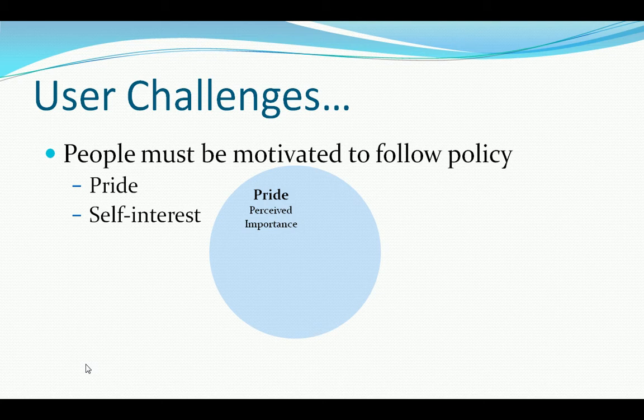The second one is self-interest. Psychologists will tell you that people will generally do things that are in their best self-interest. That's a pretty solid psychological fact, especially if somebody yells fire in a movie theater, everybody scrambles to go out the door.